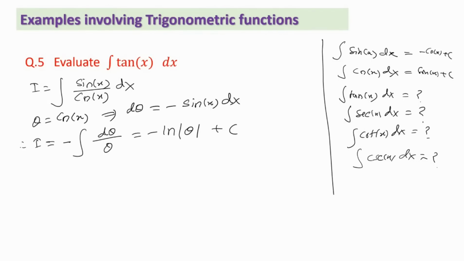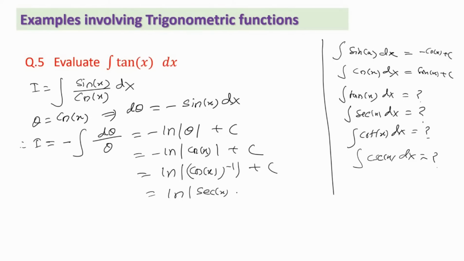Since we don't know whether theta is negative or positive, we always put the absolute value. Then we substitute back theta is equal to cosine x. So this is minus ln of cosine x plus c, which can also be written as ln of cosine x to the power minus 1 plus c, which is equal to ln of secant x plus c.